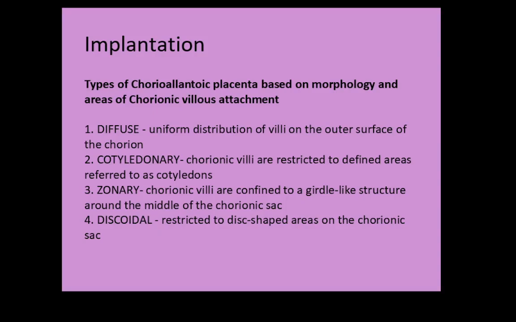For cotyledonary, the chorionic villi are restricted to defined areas, referred to as cotyledons. Zonary, the chorionic villi are confined to a girdle-like structure around the middle of the chorionic sac. And the discoidal type is restricted to disc-shaped areas on the chorionic sac.